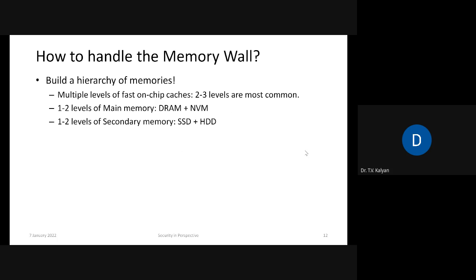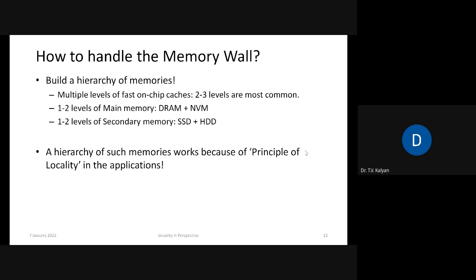And we also have two levels of secondary memory. One is the fast secondary memory, which is based on solid state devices, and the second is the slower secondary memory, which is based on magnetic devices, the typical hard disk.